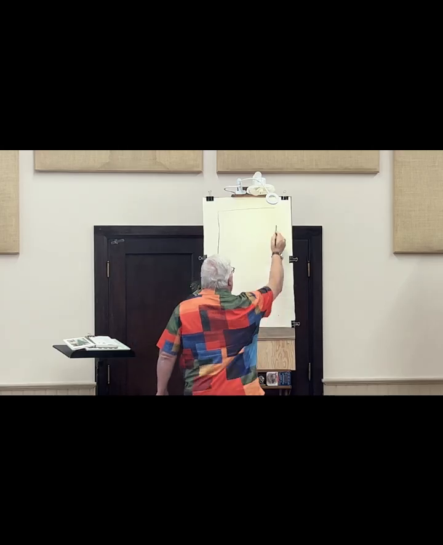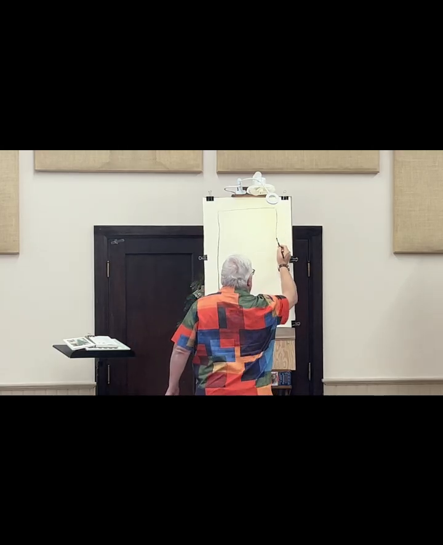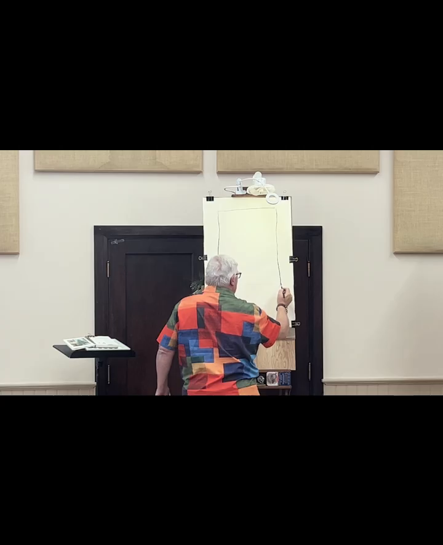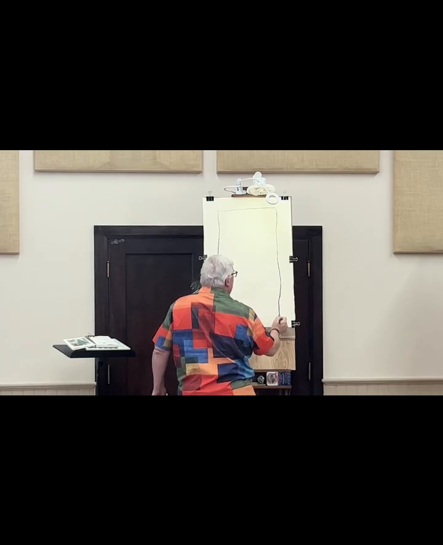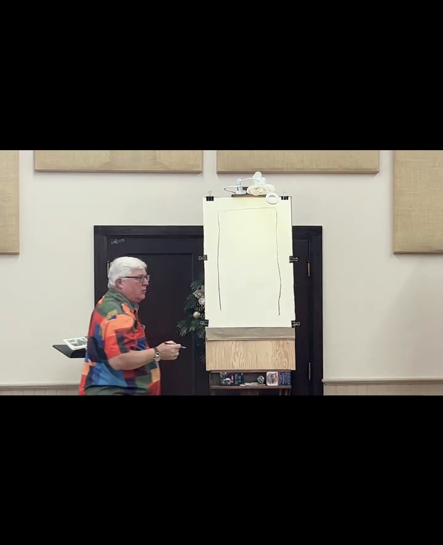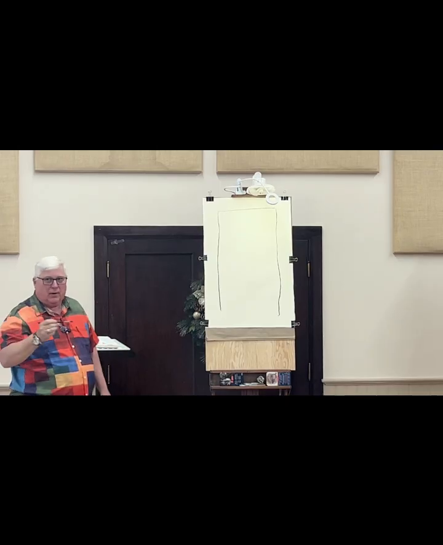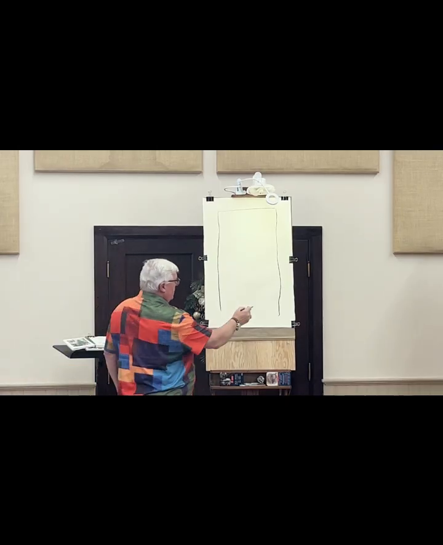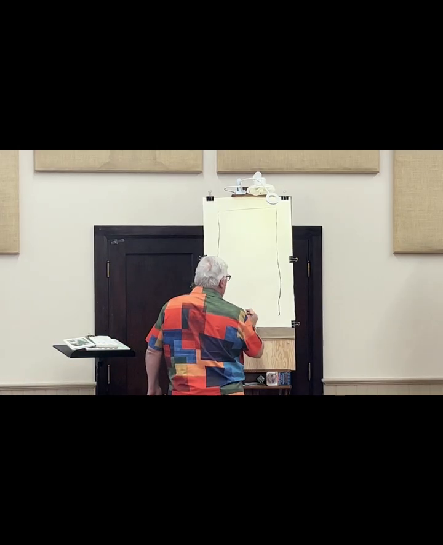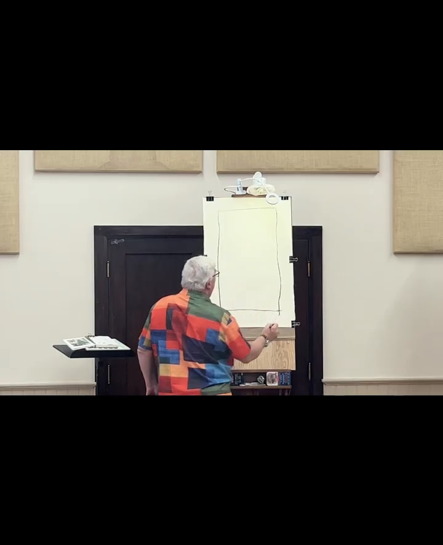And you don't have to go fast. Take your time, and as you're moving your pencil, try to look at the dot, the direction that you're going. This one looks a little bit lower, so I'm just going to go a little bit higher there.